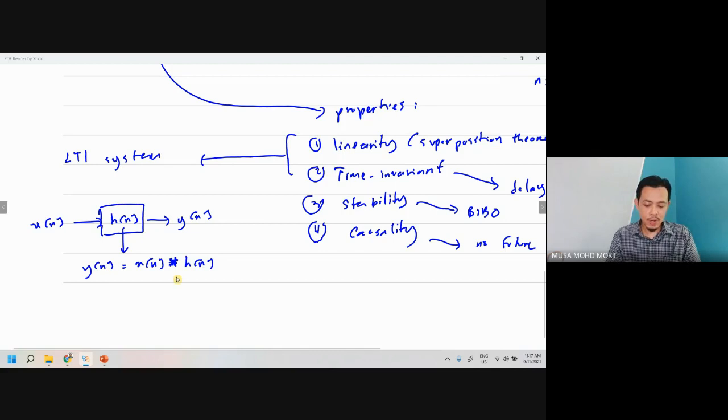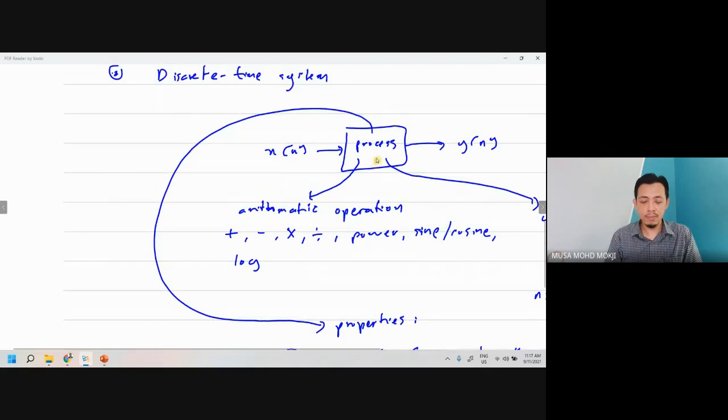So what is y[n]? It is simply x[n] convolved with h[n]. If you have a convolution, it means this is an LTI system. Only an LTI system can do the convolution. If it is not linear, not time invariant, this is just a process. You need to solve the equation.